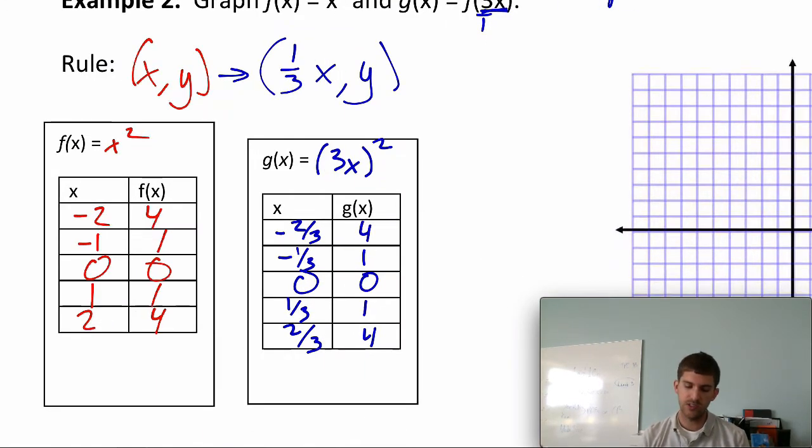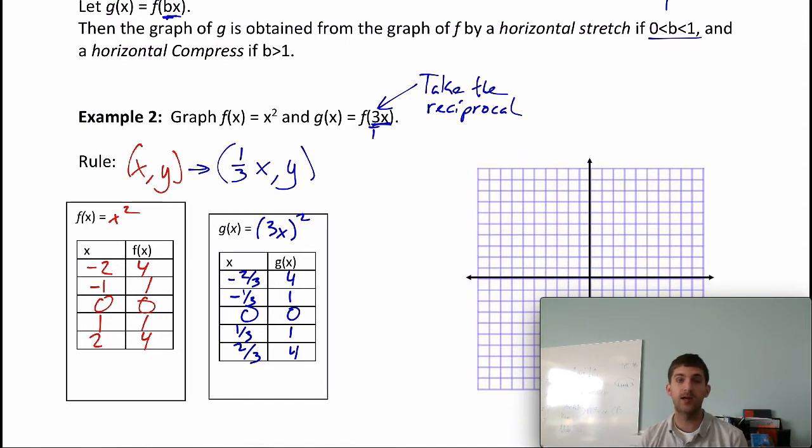So let's graph these and take a look at what this ends up looking like on our graph. Using the graph for f of x, we had -2, 4, -1, 1, 0, 0, 1, 1, 2, 4. So that same parabola that we drew earlier, and I'm going to label it as f of x. G of x is going to be way smaller to start. So we have -2/3.